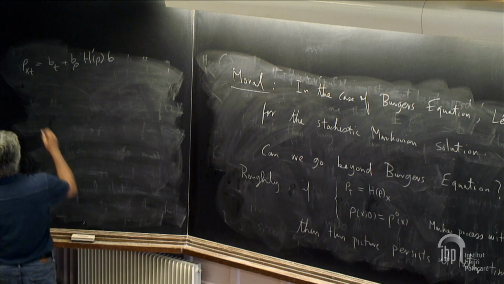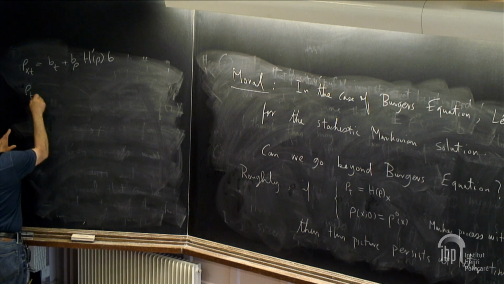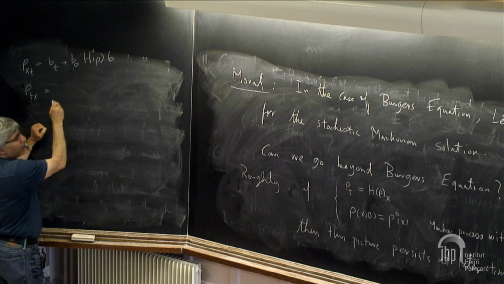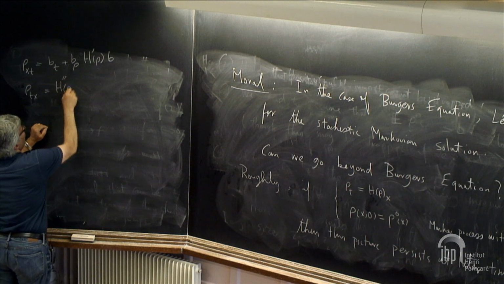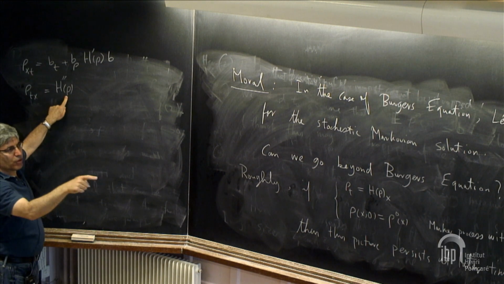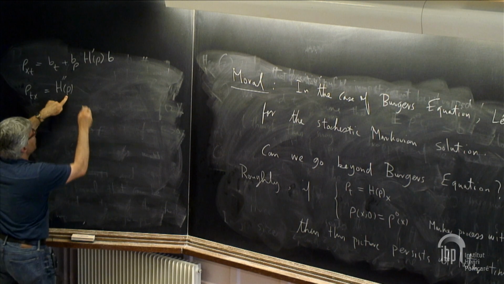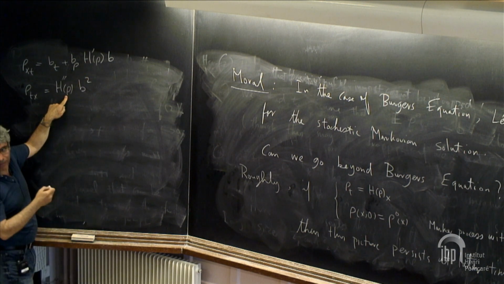If I differentiate the second equation with respect to x now, I would get h double prime of rho times rho differentiated with respect to x, but that is b. That b times the other b would yield b squared.